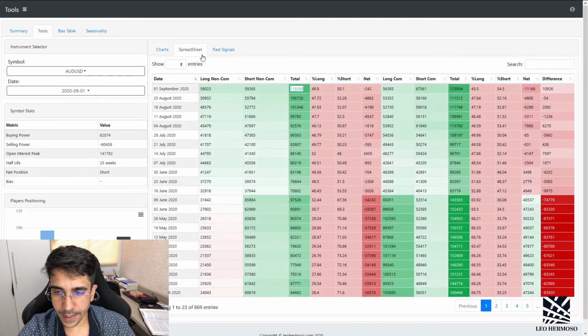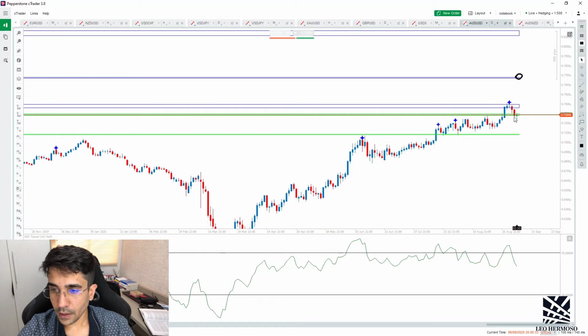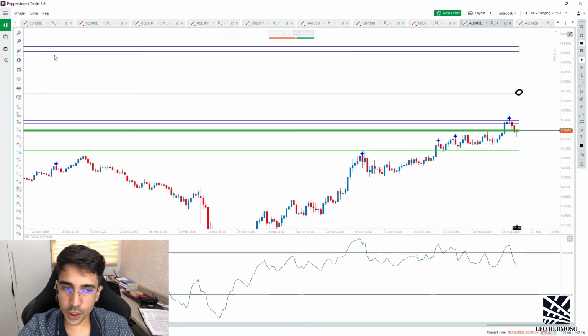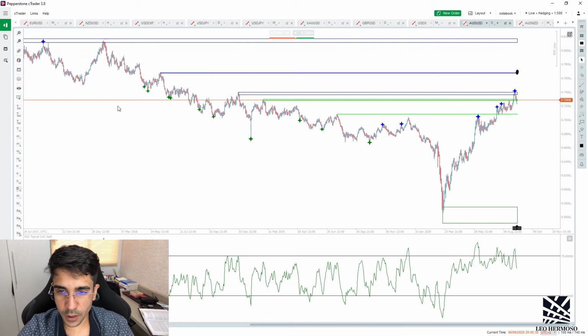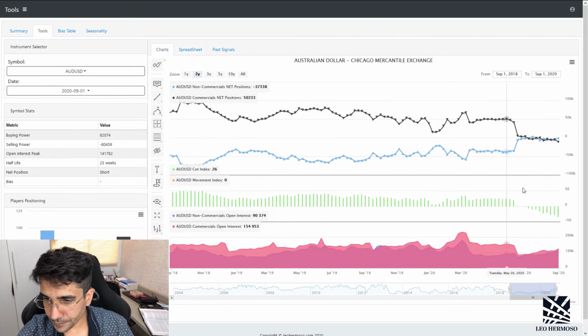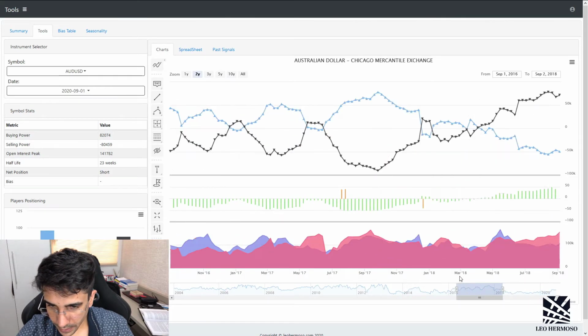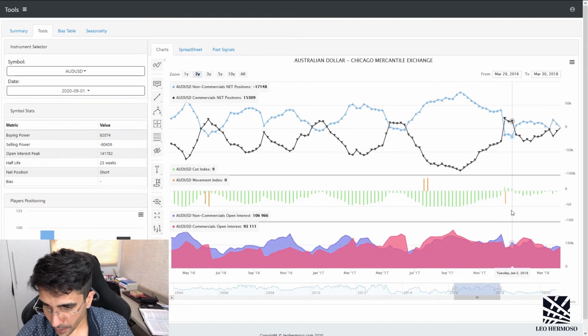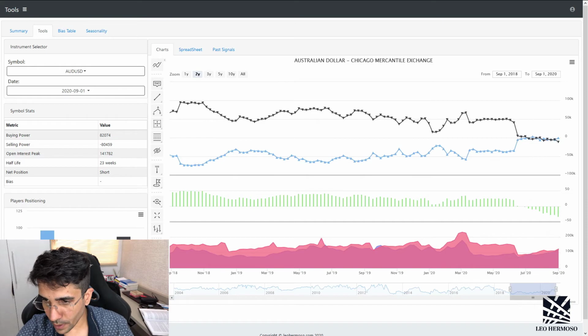That's why I think they are going to push AUDUSD to this price level right here. That is the next supply zone on the daily chart, and if this happens fast, as I think it will, we are going to see a spike on the COT index, something like this, a spike like this, or a spike like this to the downside, and this will mark the top.